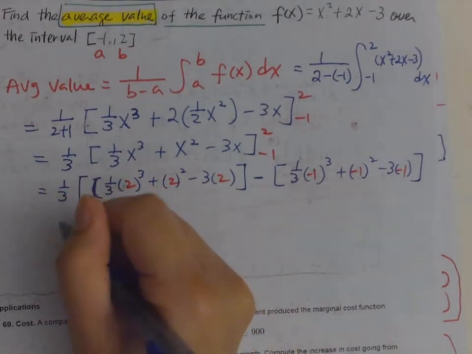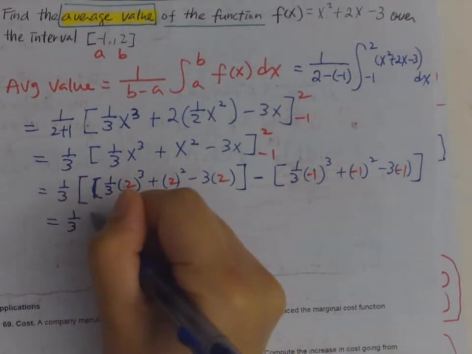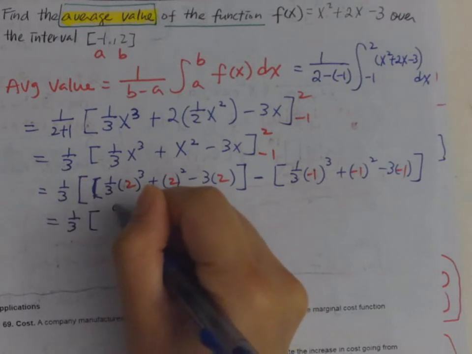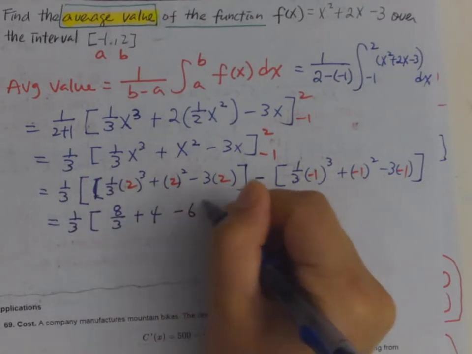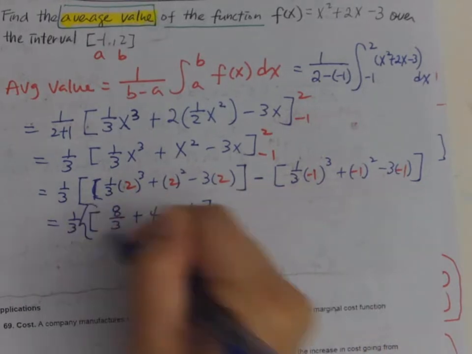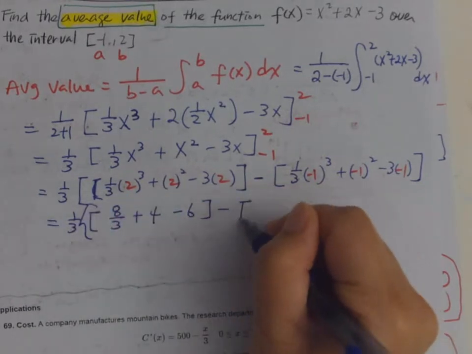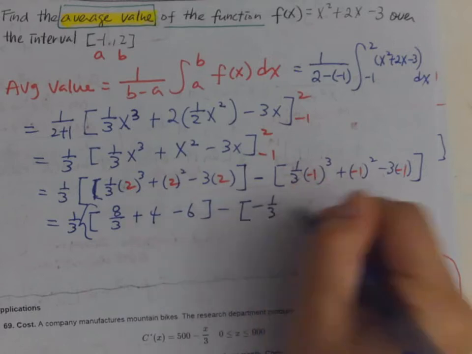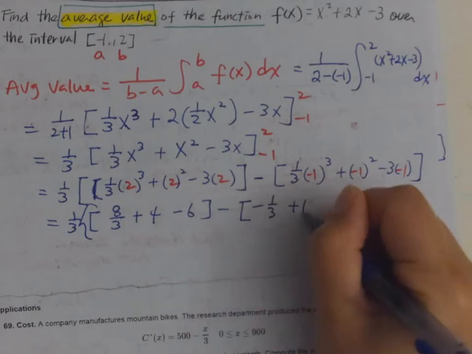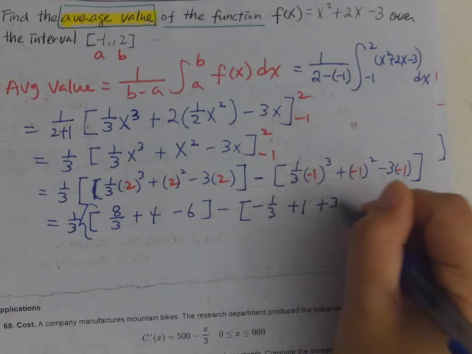So we got 1/3. This is 8 over 3 plus 4 minus 6, minus negative 1/3 plus 1 plus 3, right?